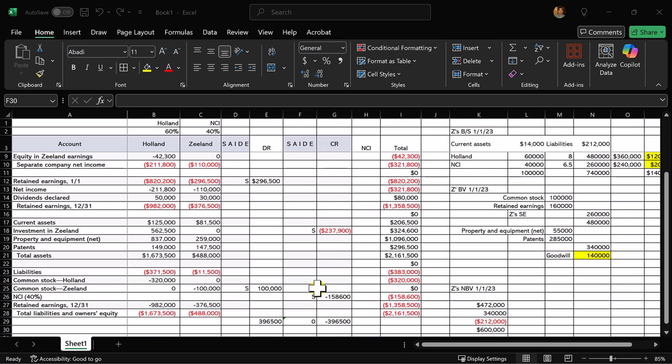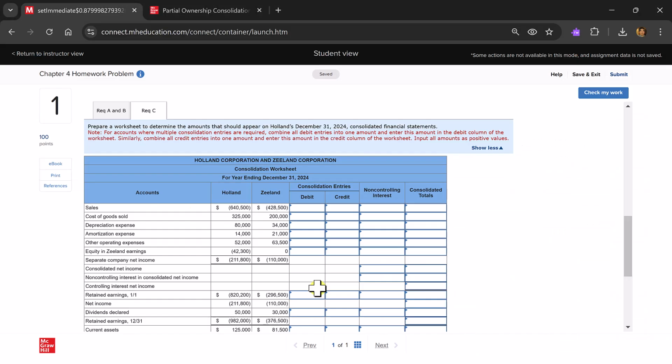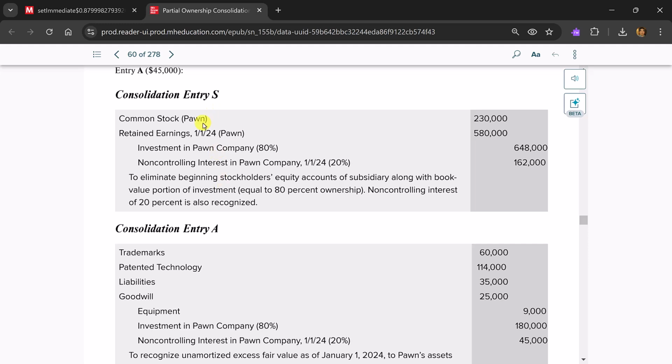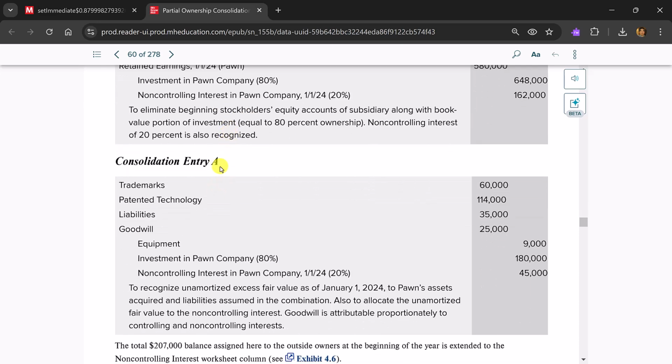And again, that's this entry here. So let's do consolidating entry A, keeping in mind you're doing this as of adjustments at the beginning of the current year, not at the date of acquisition.